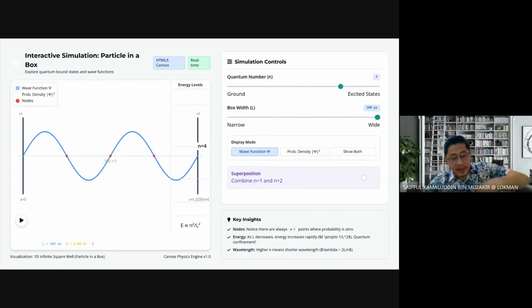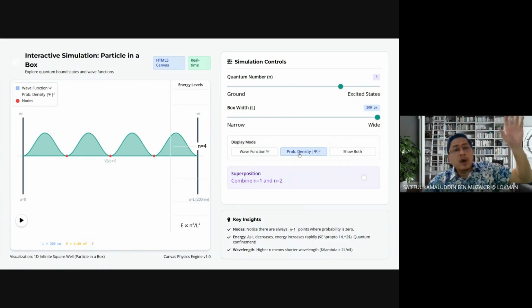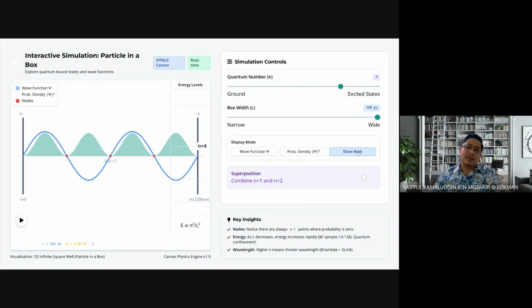You have positive and negative. And if you are drawing the probability density, it should be like this. Instead of 2 peaks and 2 troughs, you should be able to draw 4 peaks, because all must be positive.